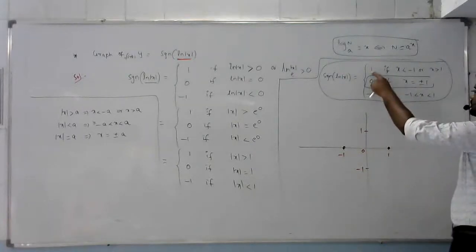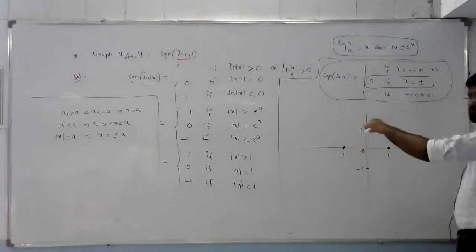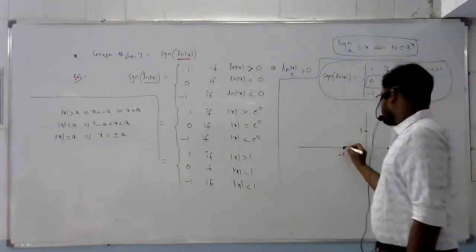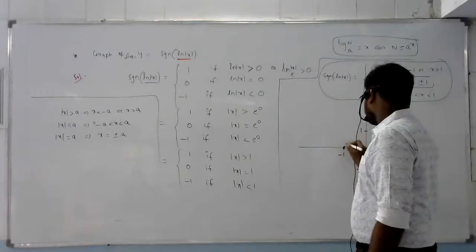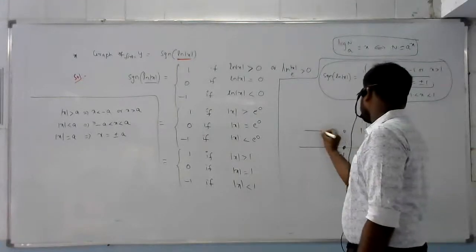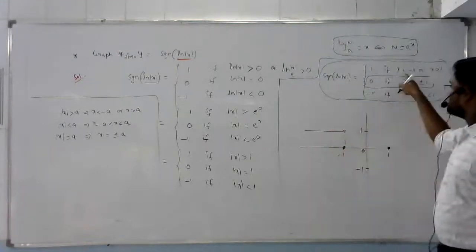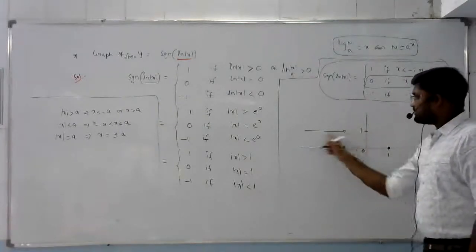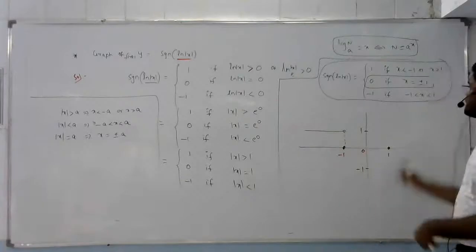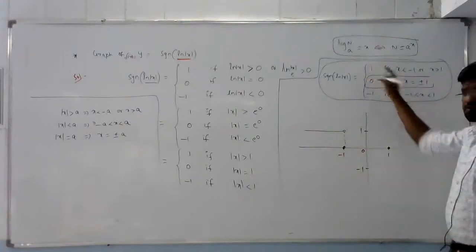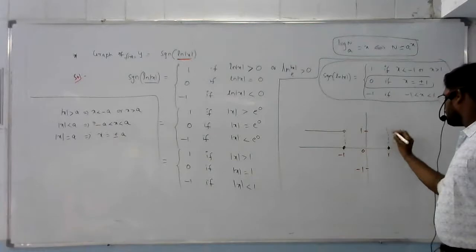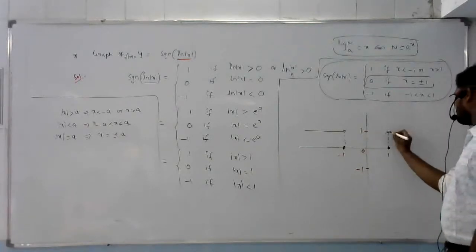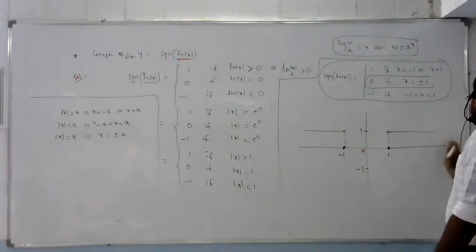And when is it equal to 1? 1 means horizontal line, isn't it? When x less than minus 1 and x greater than 1. x less than minus 1 means this one, with an open circle because there is no equality. Because at minus 1 it is 0, less than minus 1 it is 1. I hope you are following this. Similarly, x greater than 1 also it is 1. So again, corresponding to greater than 1, this is 1. Is it clear?